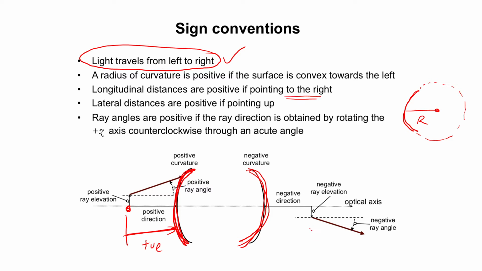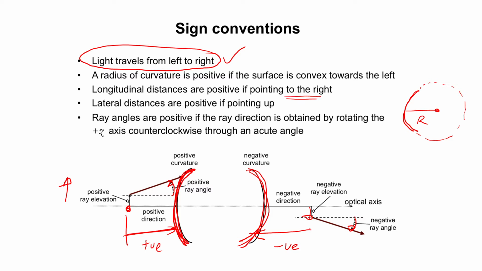If I want to measure it this way, that would be a negative direction, right? Any height that is pointing up is positive, anything that is pointing down is negative, and any angle that is this way is positive, and any angle that is this way is negative, right? Even if you forget what these sign conventions are, all that you need to bear in mind is that we are considering that light travels from left to right.